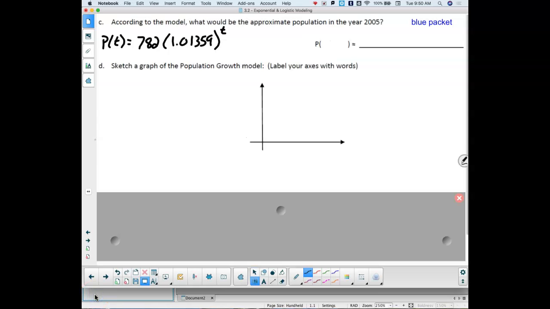What year am I finding data for? Why 15 and not 2005? Because from 1990 to 2005 is 15 years. Yep, so I'm actually finding P of 15. When you plug in P of 15, what do you get?